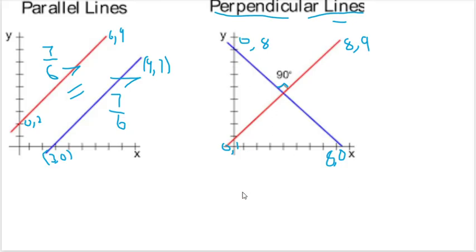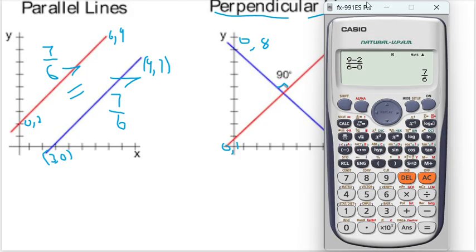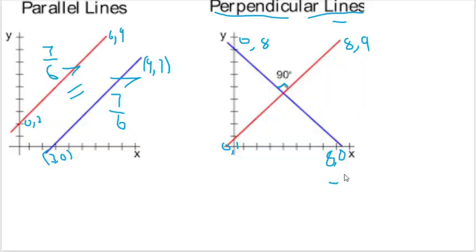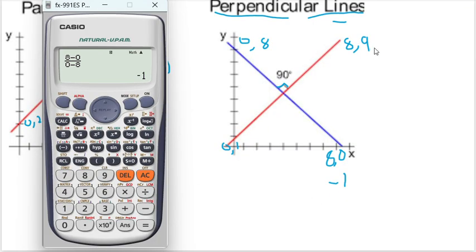Opening our calculator, for the blue one we have 8 minus 0 all over 0 minus 8, which gives us negative 1. Now the red one: 9 minus 1 all over 8 minus 0, which is 1.